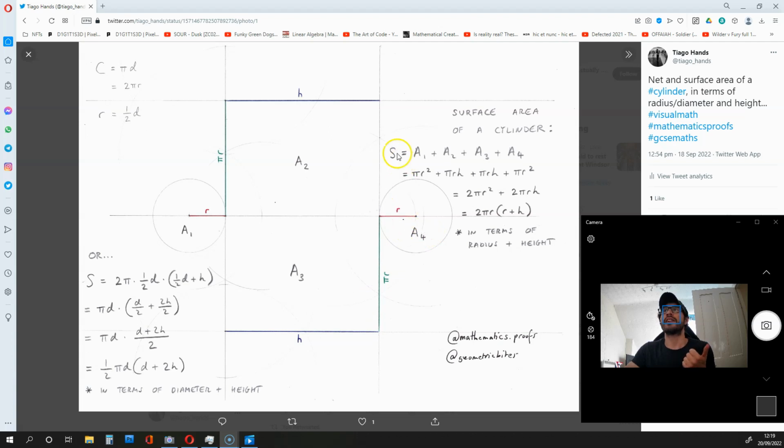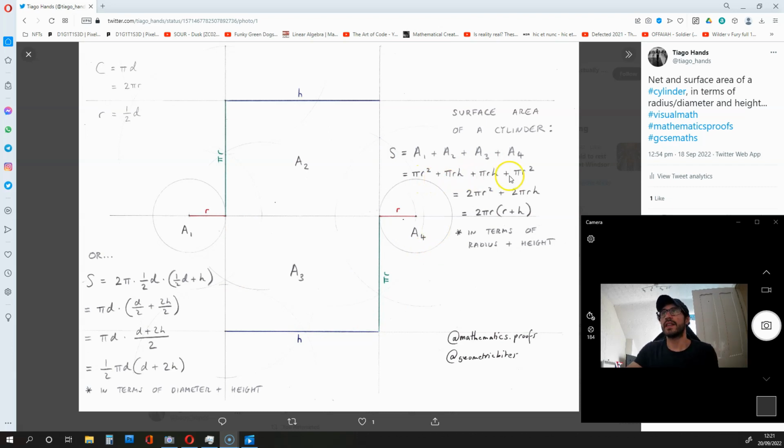So the surface area of a cylinder is A1 plus A2 plus A3 plus A4. A1 is pi r squared, A2 is pi r times h, which is this area. A3 is pi r times h, which is this area. And A4 is also equal to pi r squared.